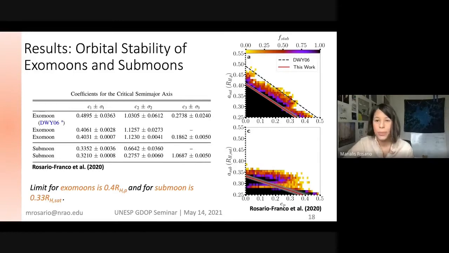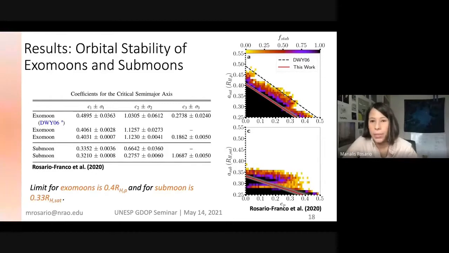At the top, we have the critical semi-major axis of the satellite with respect to the planetary eccentricity. And at the bottom, we have the critical semi-major axis of the subsatellite, or the submoon, with respect to the eccentricity of the planet.